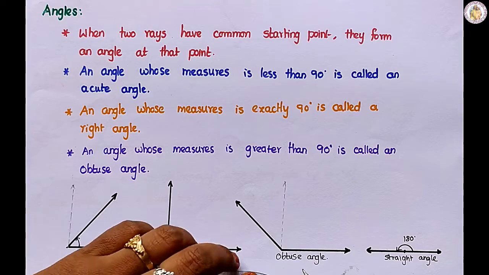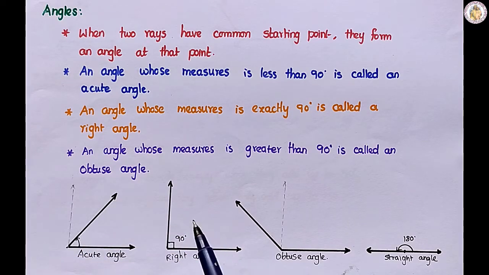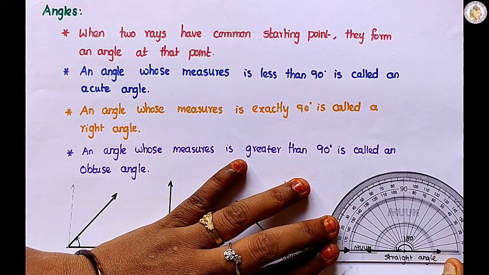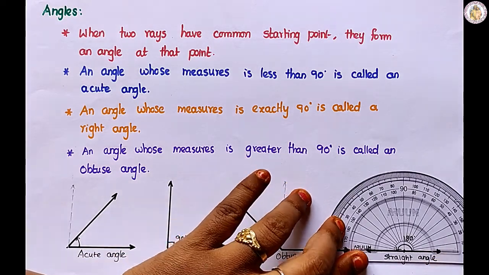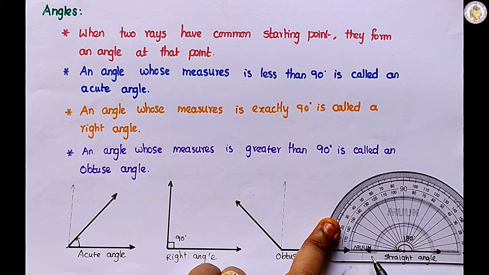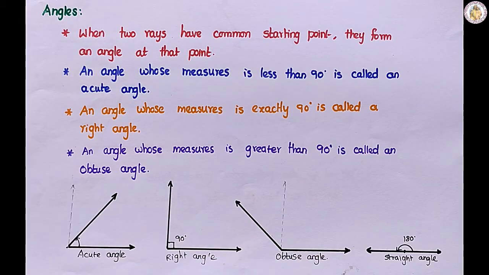So it is an obtuse angle. And then listen here, from 0 it reaches 180 degree. So it is a straight angle.